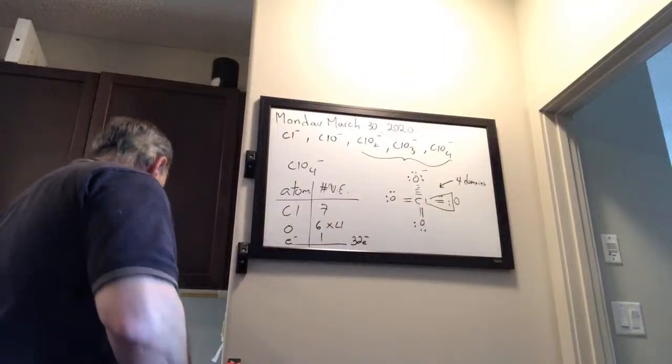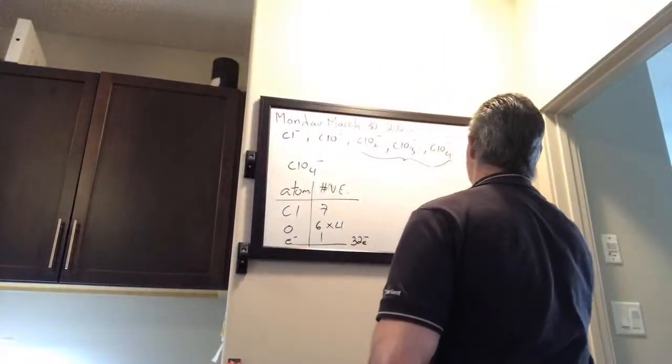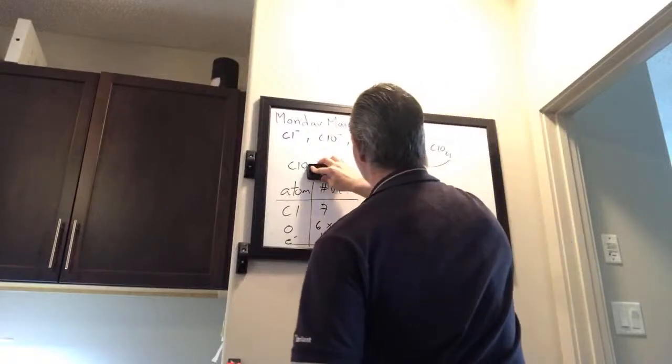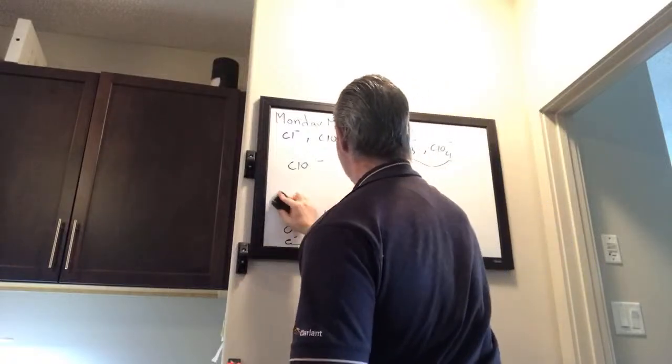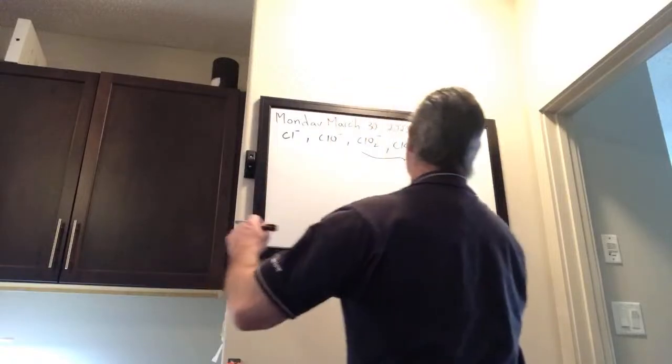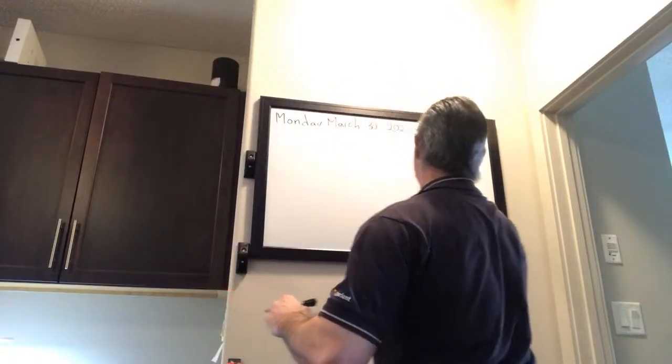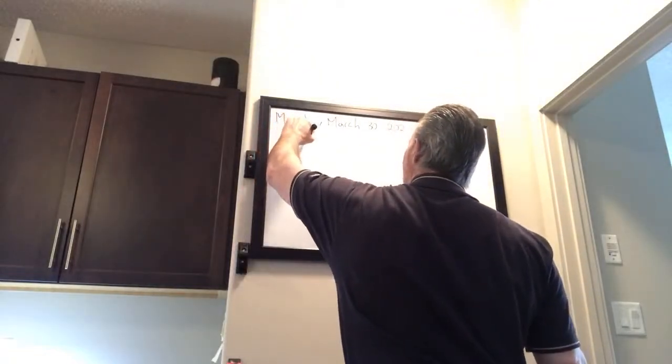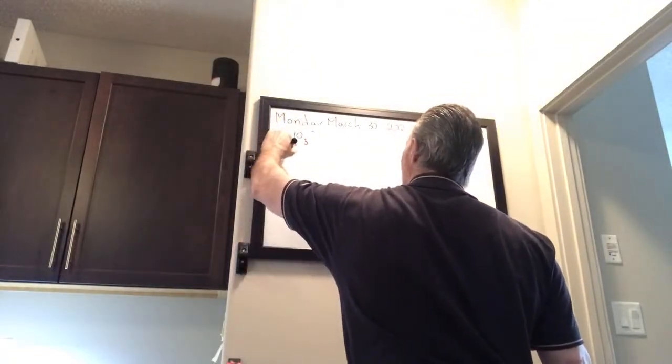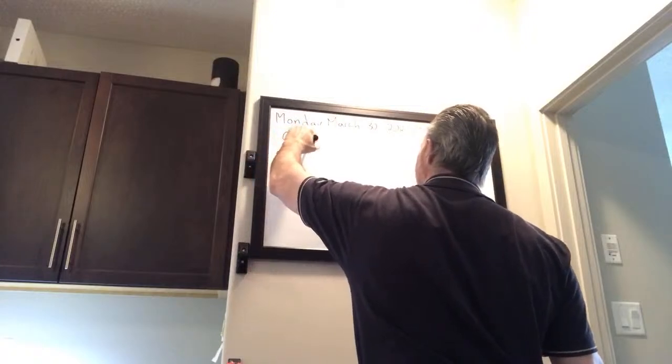Let's look at chlorate. Chlorate, ClO3 minus. Start off by drawing the Lewis structure.